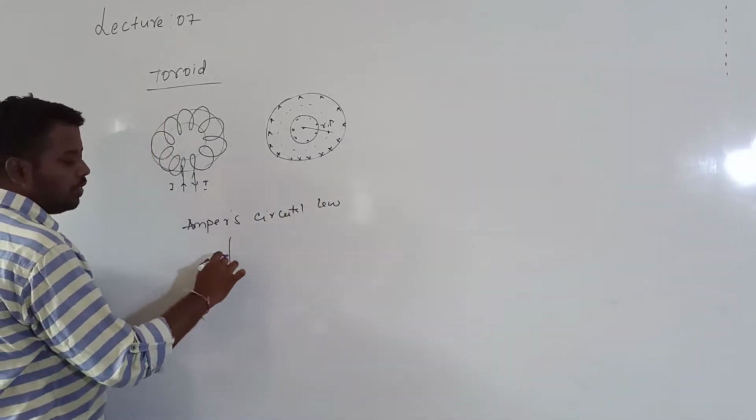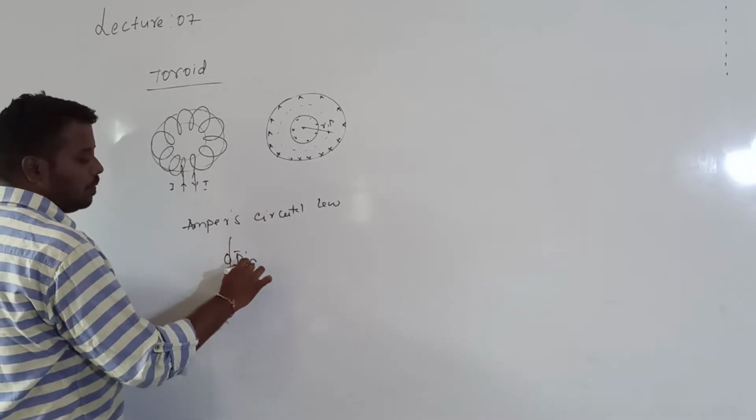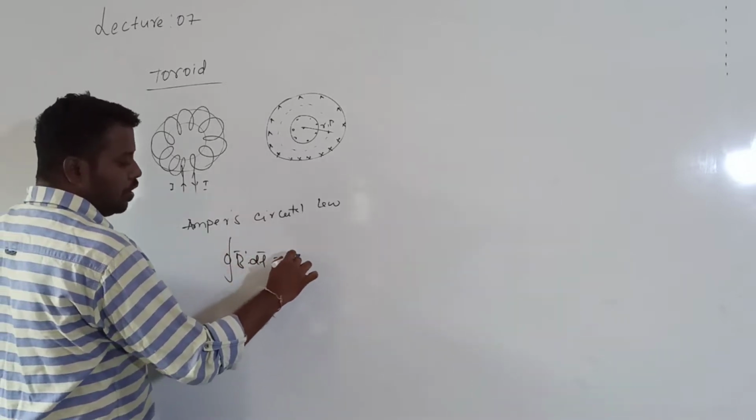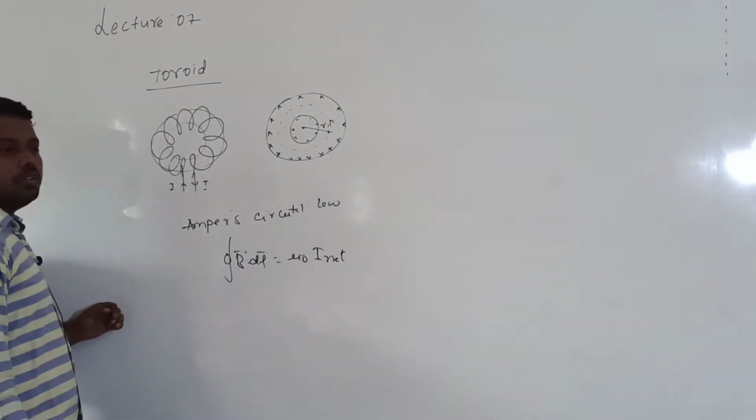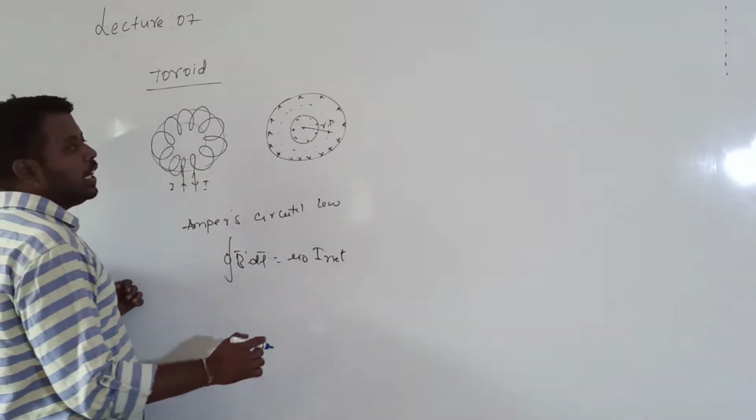The line integral of B dot dl is equal to mu naught into I net, the total current.